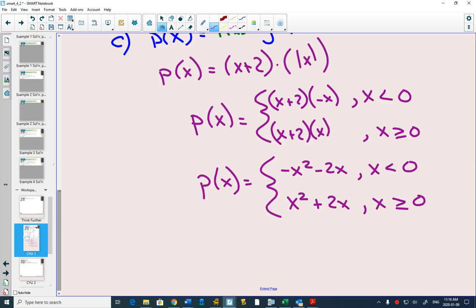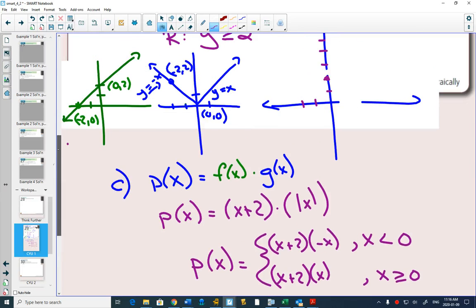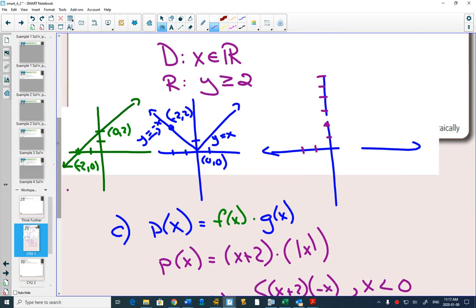Those are both parabolas. Both parabolas have x-intercepts at 0 and negative 2. I'm going to graph both of those parabolas.